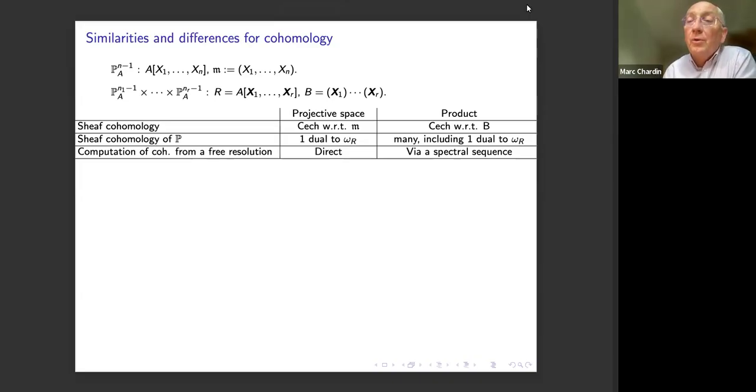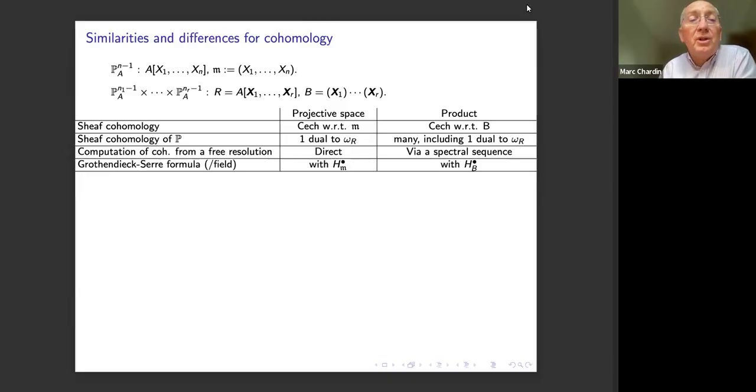But if you want to do the same for a product, you have this kind of approach, but it's much more complicated. You do that, for instance, for P2 product of 2, you do that 3 times, but then you need to put this together with your spectral sequence. It's pretty complicated. This approach does not work that well in the case of a product, okay? So it's not that simple.